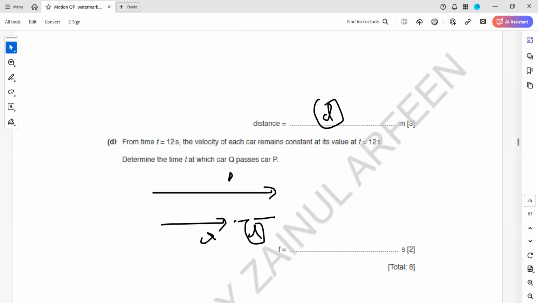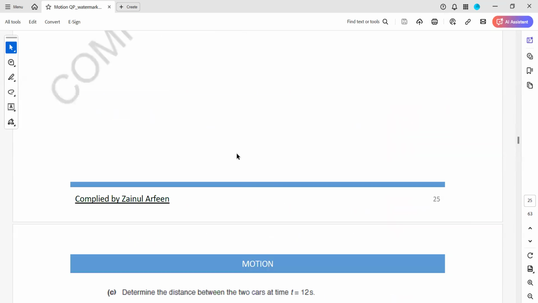Why can't we just find the relative speed of approach? Yes, we will. You will use a relative speed because, as you see, after 12 seconds they are moving at a constant speed.